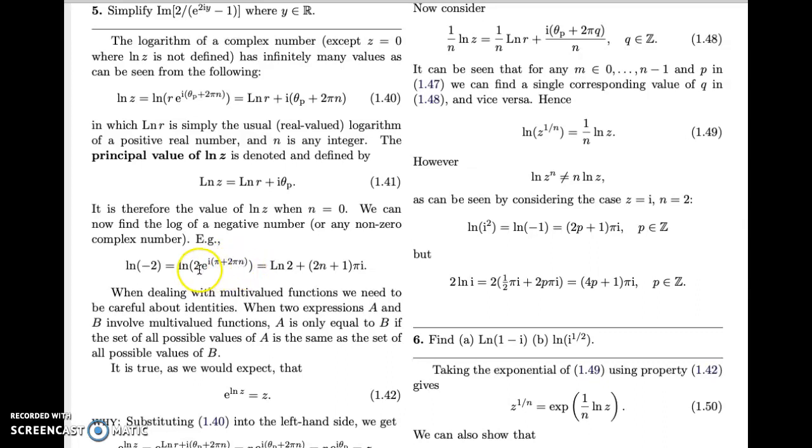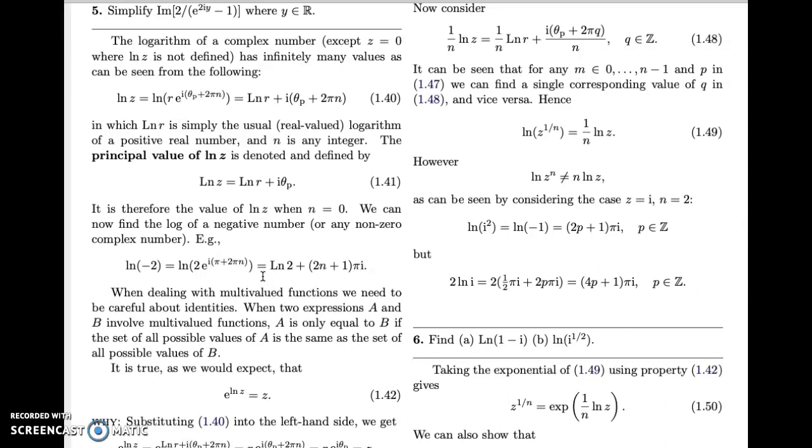So that gives us log 2 plus (2n plus 1) times pi i. Okay, so logs of negative numbers do exist, they're just complex numbers. But there's lots of different possible values. Just like with inverse sine, for example, there's lots of different values of inverse sine. It's not so surprising.